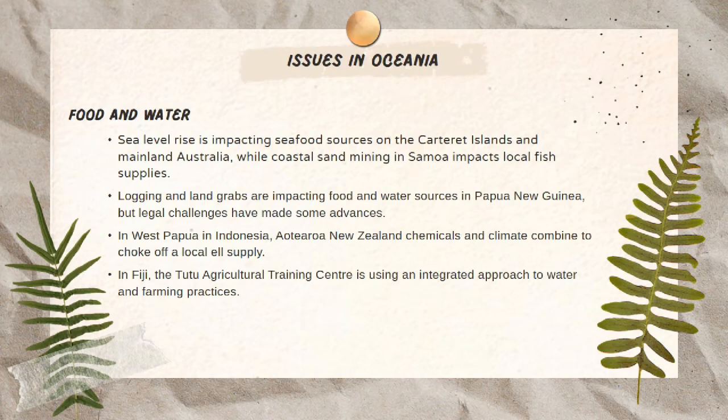In West Papua in Indonesia and Aotearoa, New Zealand, chemicals and climate combine to choke off a local eel supply. In Fiji, the Tutu Agriculture Training Center is using an integrated approach to water and farming practices.